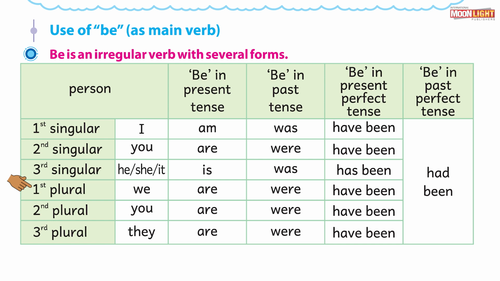First person plural, we: are, were, have been, had been. Second person plural, you: are, were, have been and had been. The last one is the third person plural, and that is they: are, were, have been and had been.